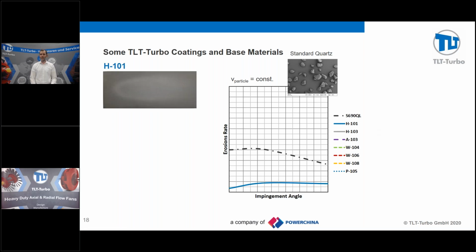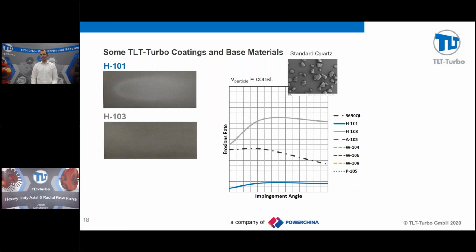And we can have a look at different coatings, how they behave. TLT-H101 is one thermal spray coating with a chemical composition developed by TLT-Turbo. And we have very low erosion rates globally over the whole range of angles. So this should bring an advantage.